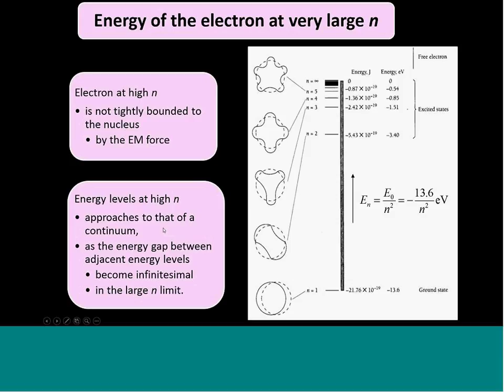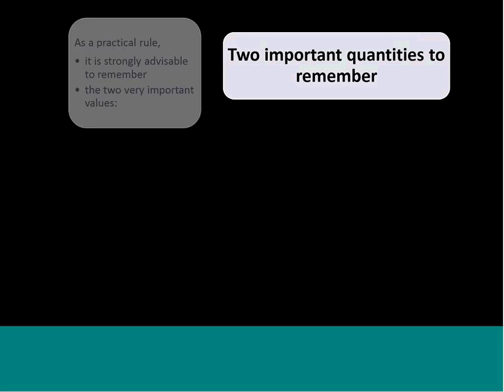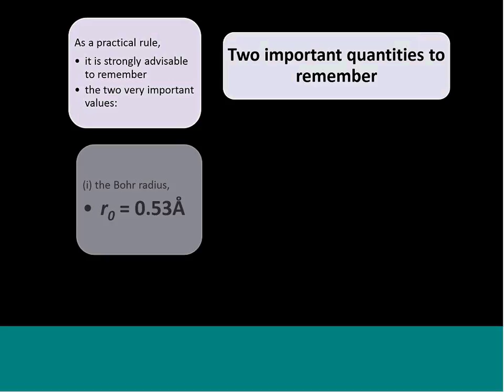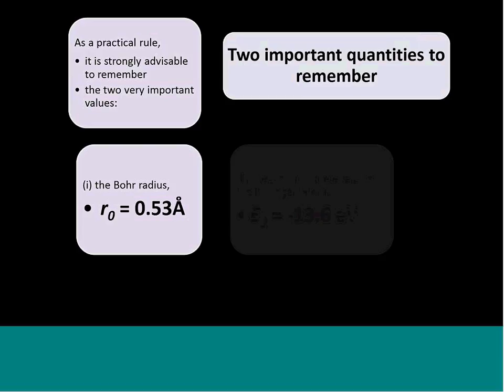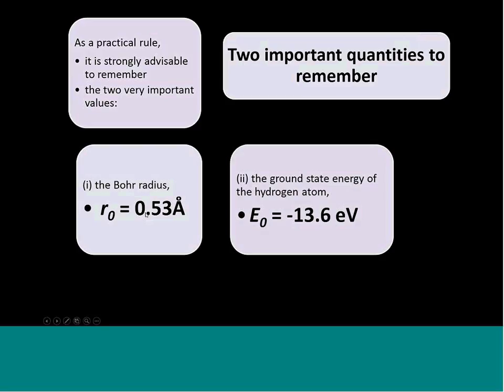Between the adjacent energy levels become infinitesimally small. Then there's two important quantities need to remember. So the Bohr radius 0.53 Angstrom, and ground state energy of hydrogen atom 13.6 electron volt.